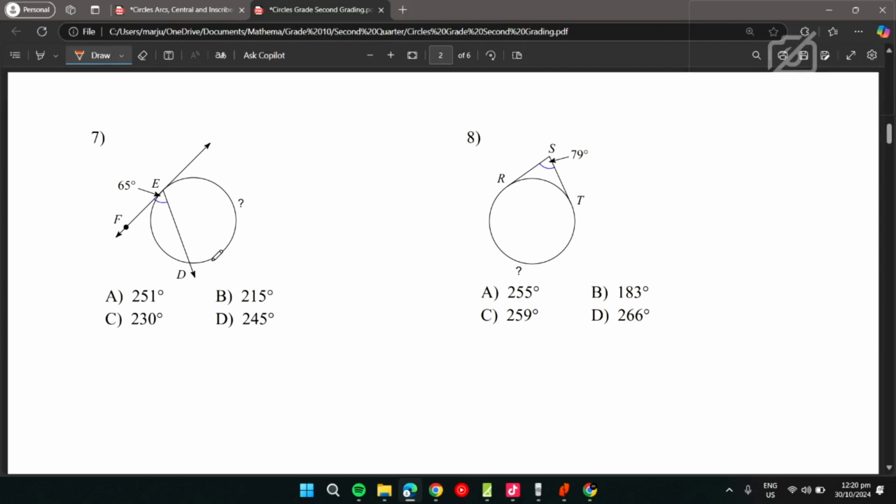Gab, 230. Carl, 230. Bakit siya naging 230?